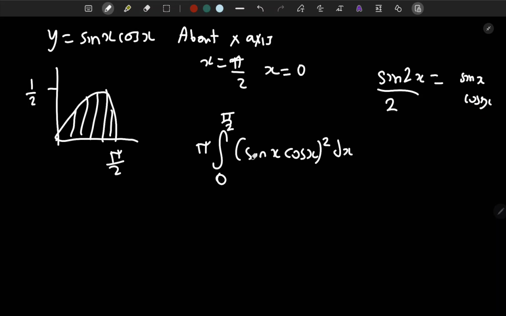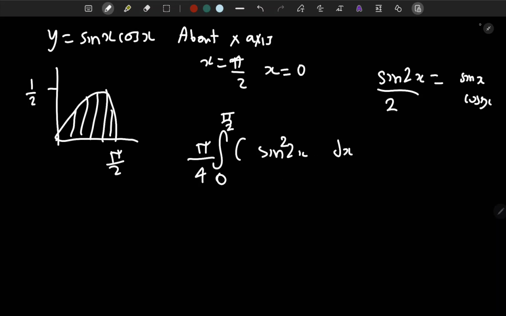So we need to replace this with sine 2x over 2, and when we square this, it becomes sine squared 2x over 4, and I'm going to take the 4 outside, so it's 1 over 4 times pi, so pi over 4.